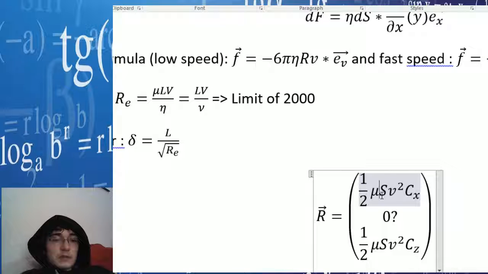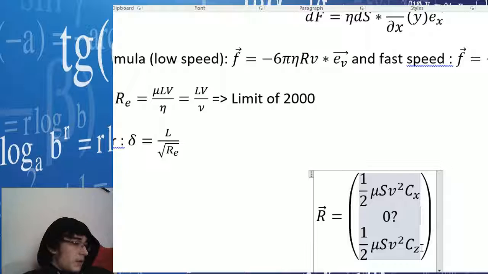Okay, it's times v squared times Cx, where Cx is a constant given by the builder or whoever wants to, and same for Cz. Okay, now we have done that.